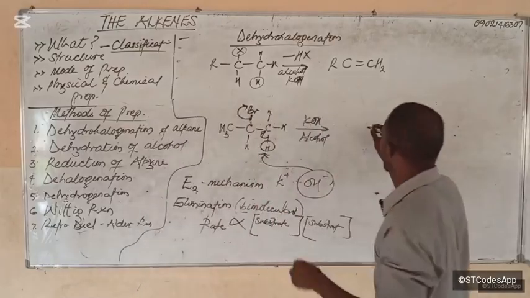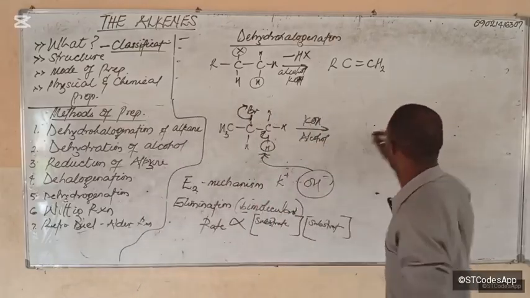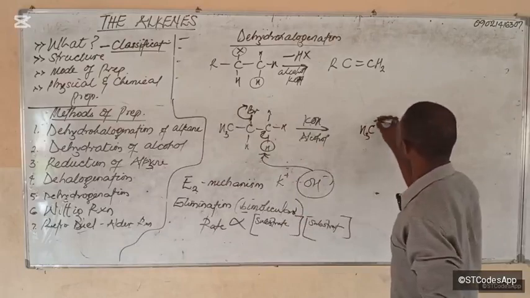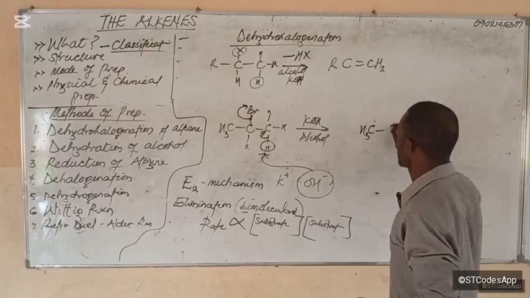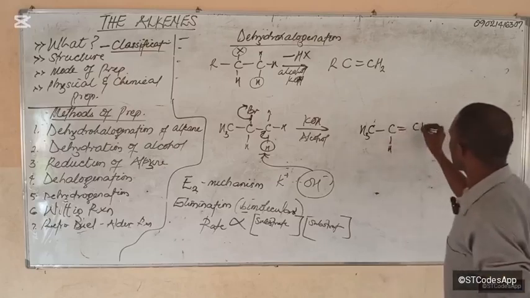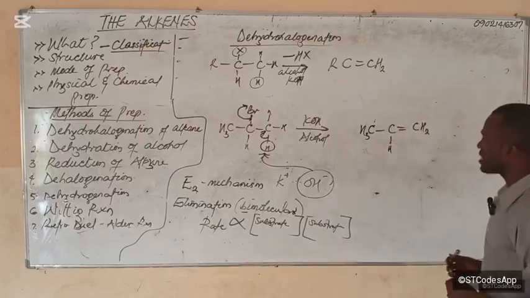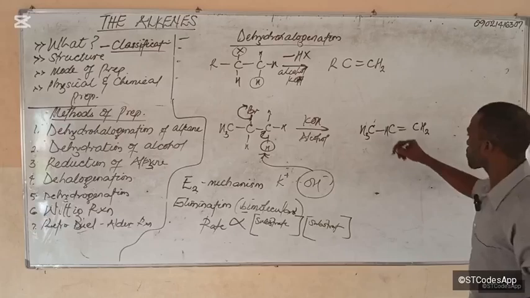The double bond formed between this carbon and this carbon: CH3, we now have C double bond CH2.